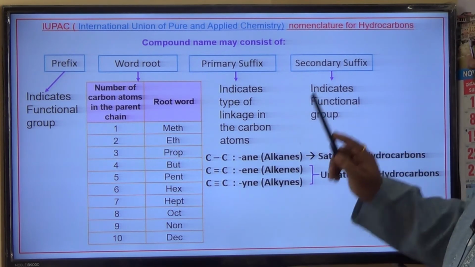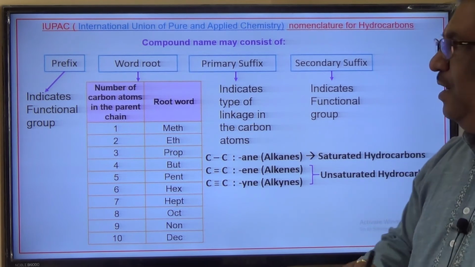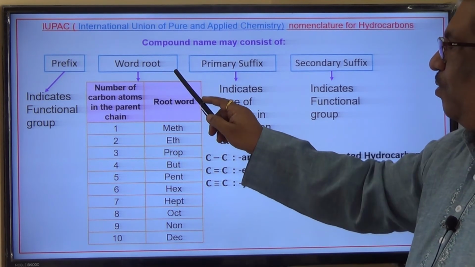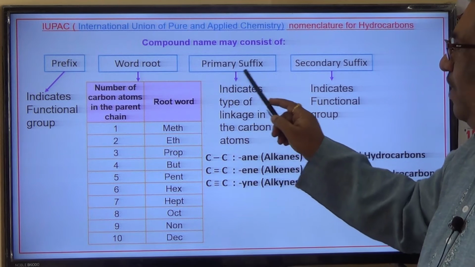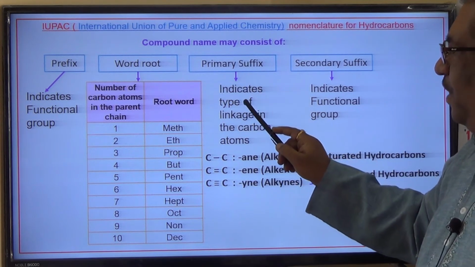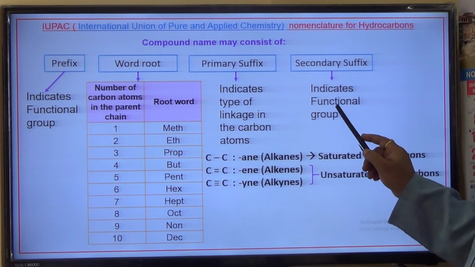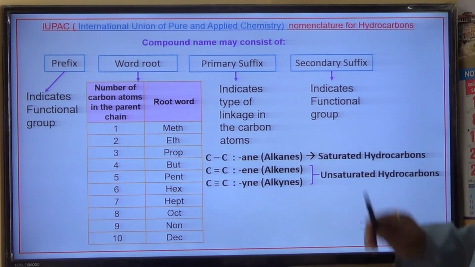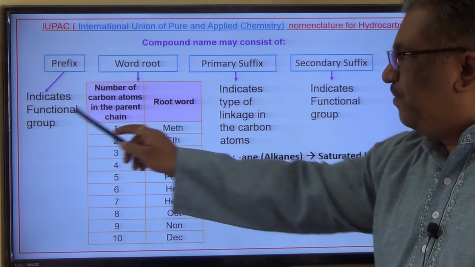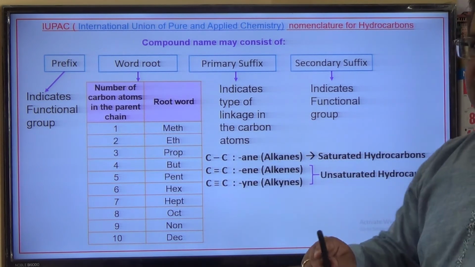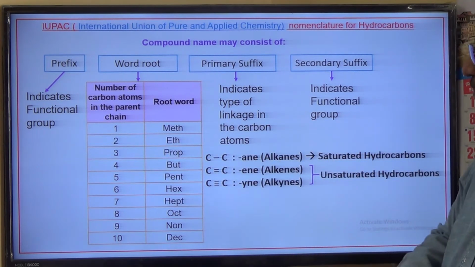Suffix refers to the phrase that is used after the word root, and primary suffix indicates the type of linkage in the carbon atoms and secondary suffix indicates the functional group. What are these functional groups? We will study in our next lecture.